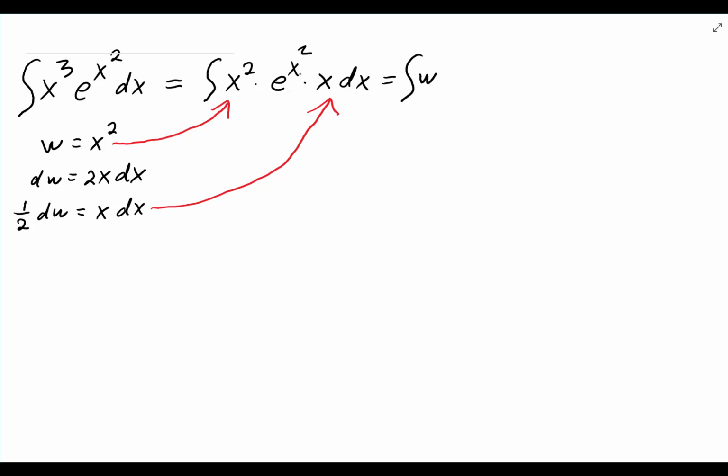That e to the x squared is going to get replaced by e to the w. And that x dx gets replaced by 1/2 dw. And if you want, you can slide that 1/2 out to the front of the integral. So you get 1/2 times the integral of w e to the w.